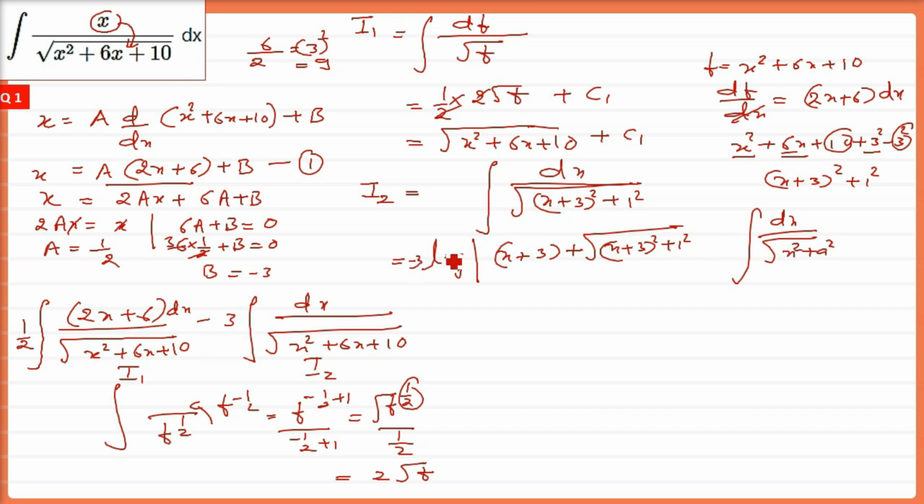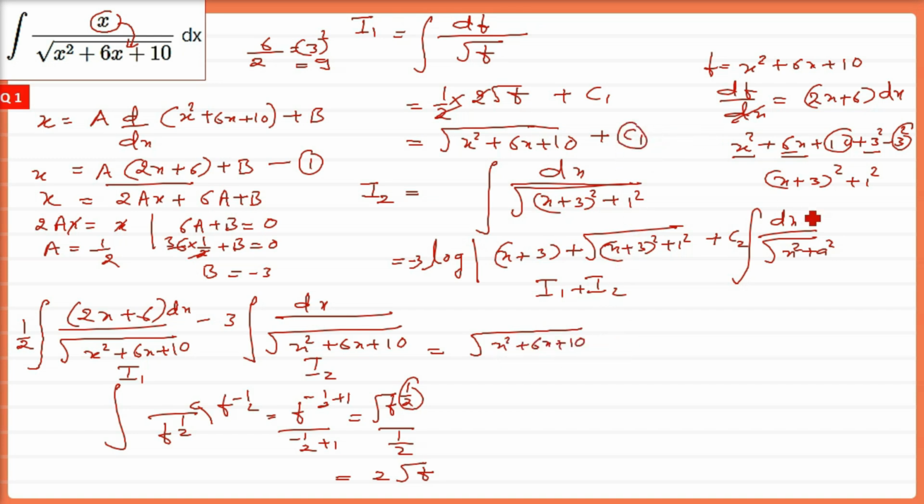Now negative 3 was there, plus constant of integration. Let us call it C2. Now finally we have to do this I1 plus I2. I have already added the coefficients of this integration in front, which we added, half and negative 3. Now I1 was under root x square plus 6x plus 10.